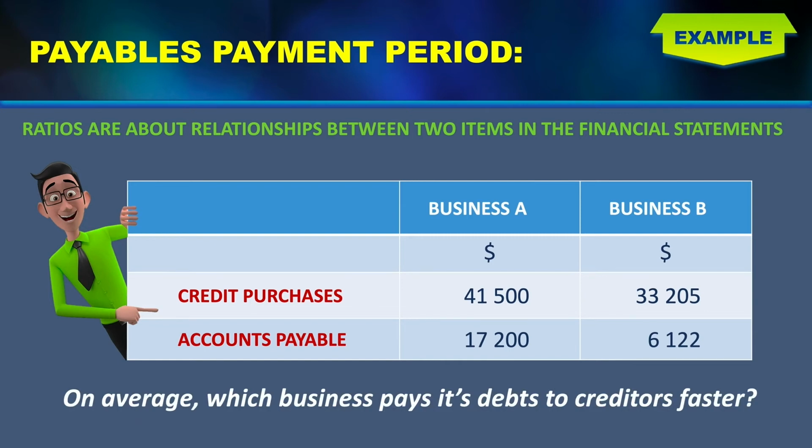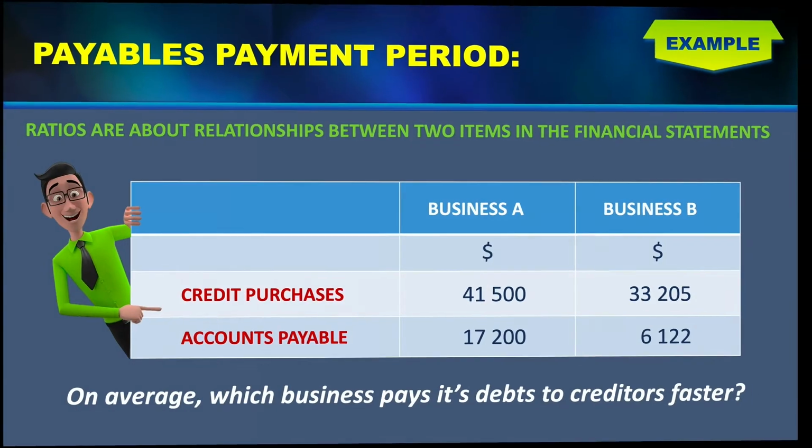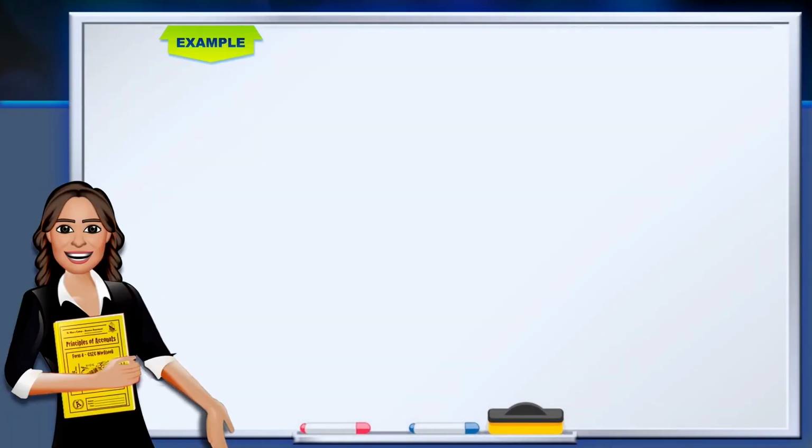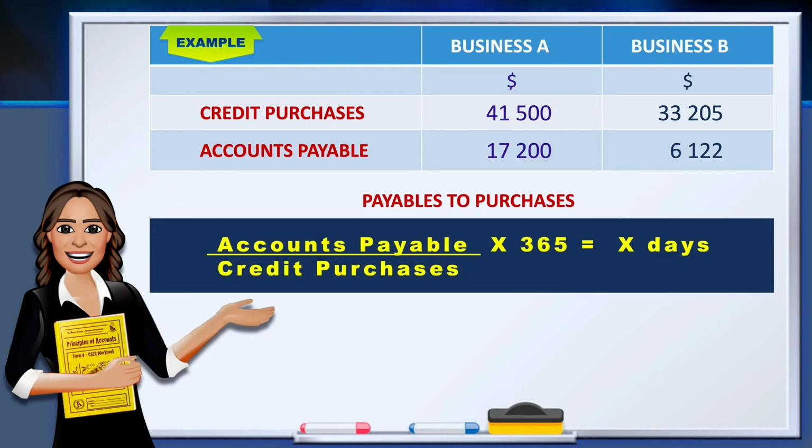And you're going to calculate, on average, which business actually pays its debts faster. So you're calculating your payables to purchases, and the ratio is in the name. Payables over credit purchases multiply by 365, and you're going to calculate that for business A and business B.